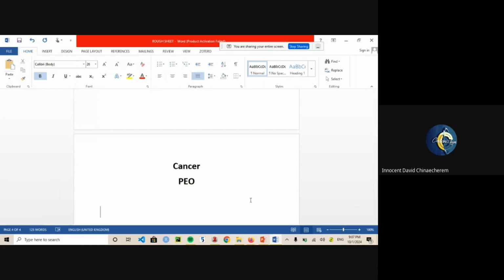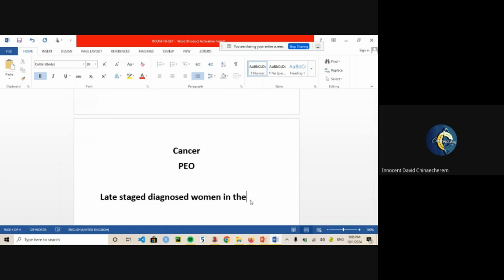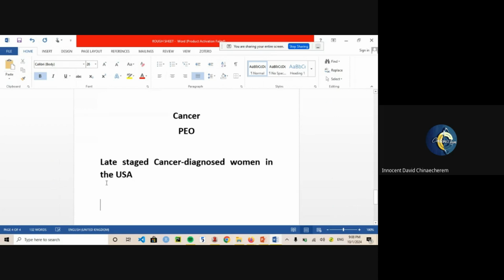I'm interested in late stage cancer diagnosed women. Or maybe let me add breast. Okay, then I will take out late stage, right? So we'll make the question easier.